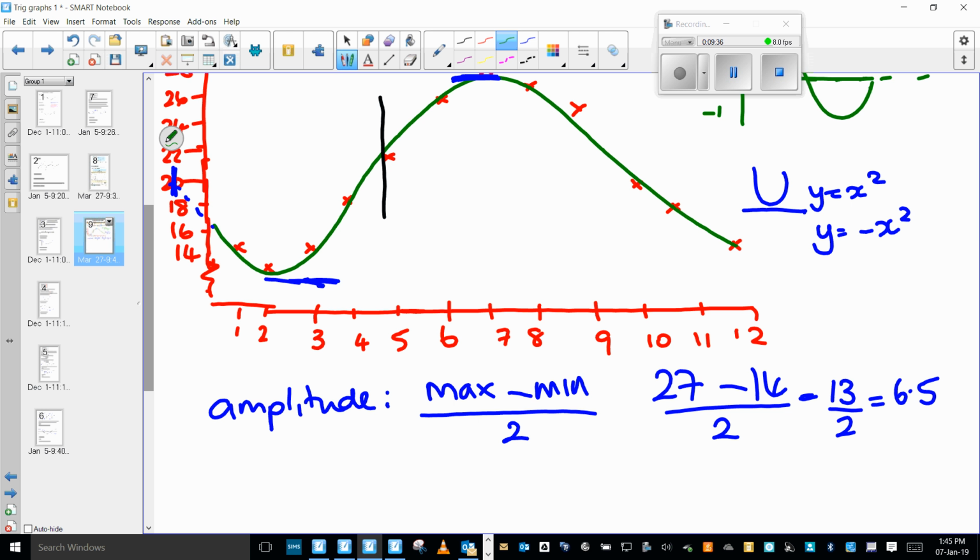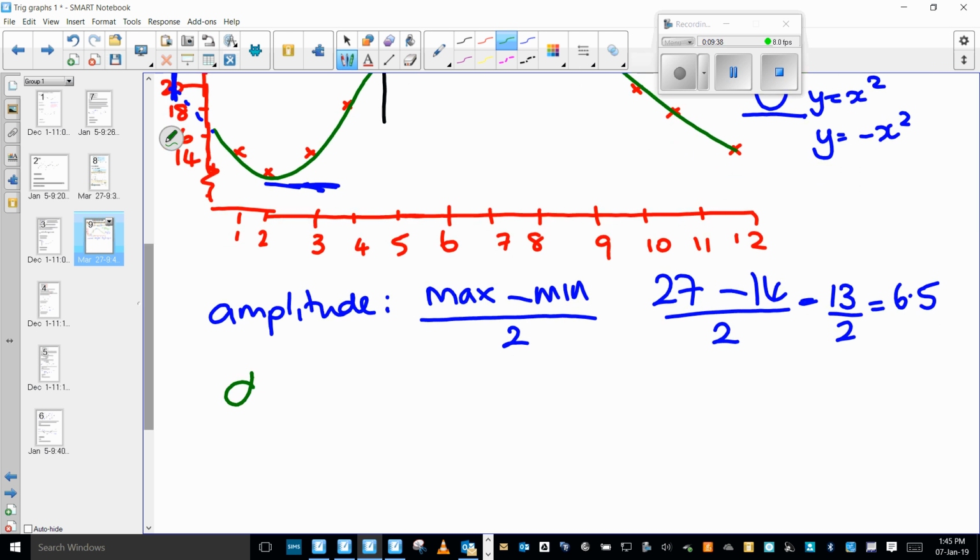So to find the value of D, we would say the maximum plus the minimum, divided by 2. That's how we find it. So our maximum was 27 plus 14, divided by 2.